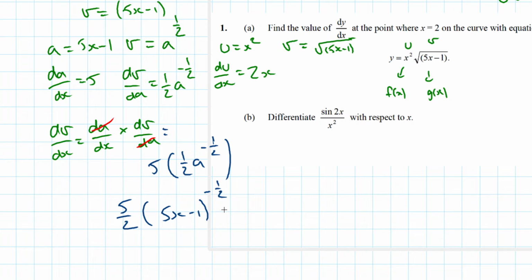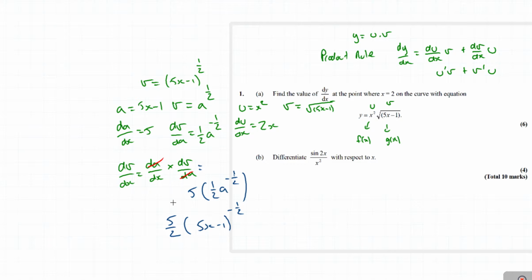So now we've got dv/dx, what we can do is we can then substitute that into our product rule equation. So dv/dx is equal to 5 over 2, 5x minus 1 to the power of minus a half.